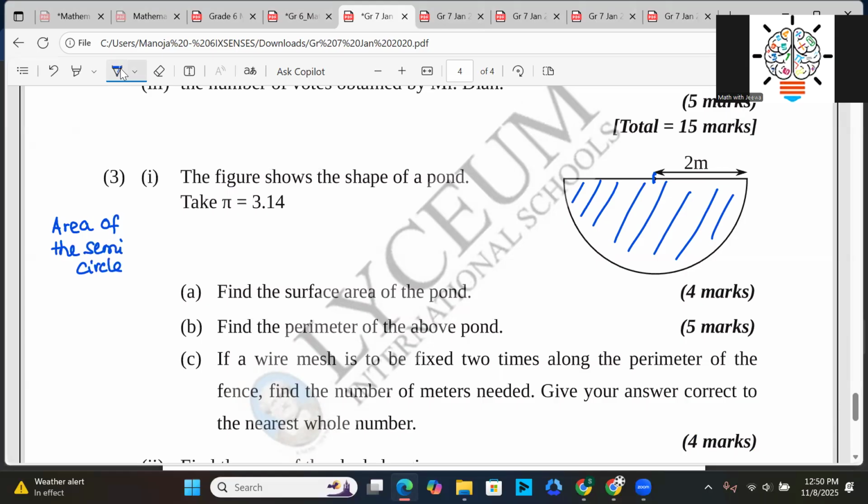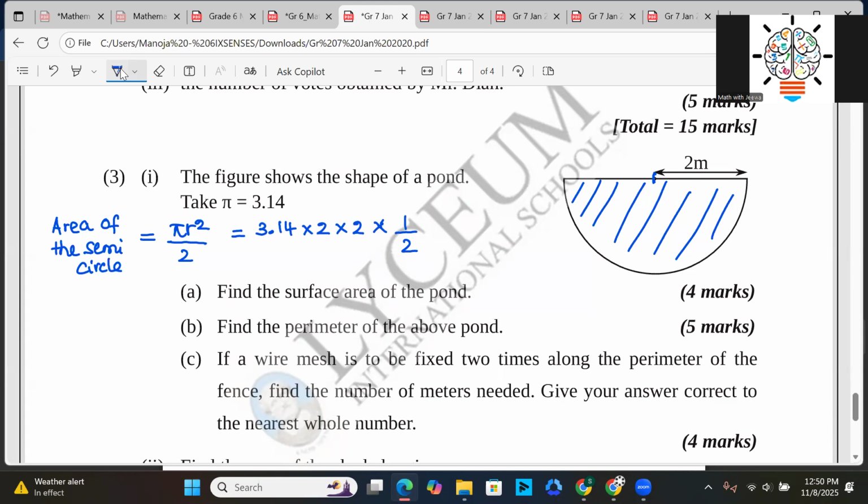Right, so area of the semicircle, the full circle it is pi r squared and the half it should be divided by 2. Okay, so then they have given the pi value 3.14 and r is 2 and r is 2 and the whole thing you divide by 2. Whole thing divide by 2 in the sense, children, multiplying by half. Both the methods are correct. You divide something by 2 and you get the same thing when you multiply it by half, right?